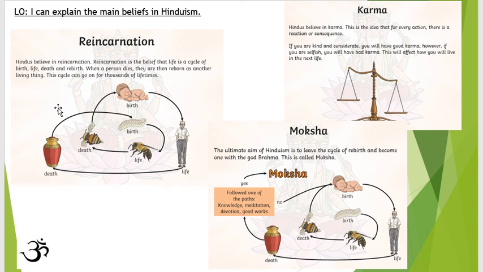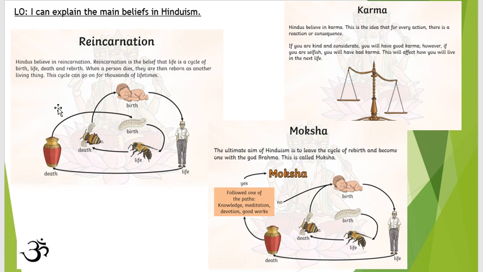And what you'll see here is that once they've left this cycle, once they've achieved the end of rebirth, this is called moksha. The aim of a Hindu is to become one with their God. Until moksha is achieved, until the Hindu becomes one with their God, they will be repeatedly incarnated. Now, you might be thinking, what have they got to do to become one with their God?